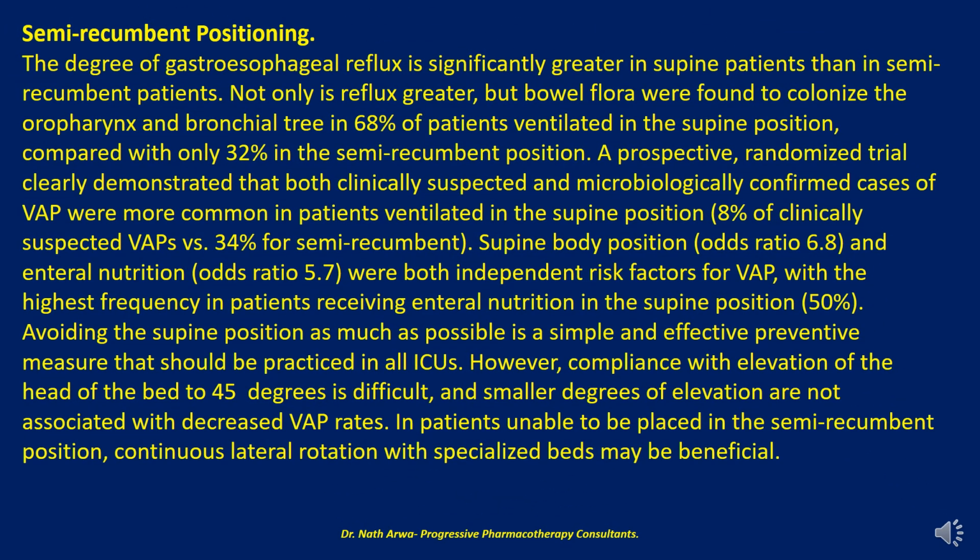And now we will look at semi-recumbent positioning. The degree of gastroesophageal reflux is significantly greater in supine patients than in semi-recumbent patients. Not only is reflux greater, but bowel flora were found to colonize the oropharynx and bronchial tree in 68% of patients ventilated in the supine position, compared with only 32% in the semi-recumbent position.